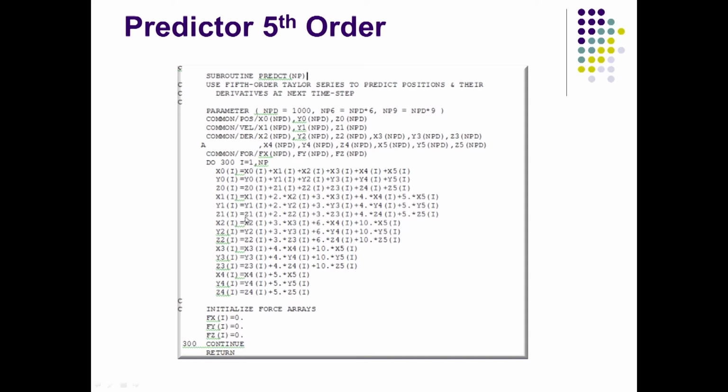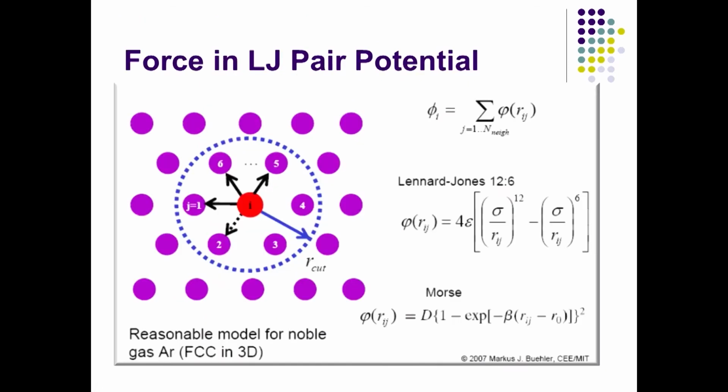Once you have predicted the positions using the 5th order predictor model, we are going to calculate the force in the Lennard-Jones pair. We already initialized force as 0. We will use the Lennard-Jones potential. An important point here, as you see on the slide, is that we calculate only the nearest neighbors, and this neighbor list is kept with us.